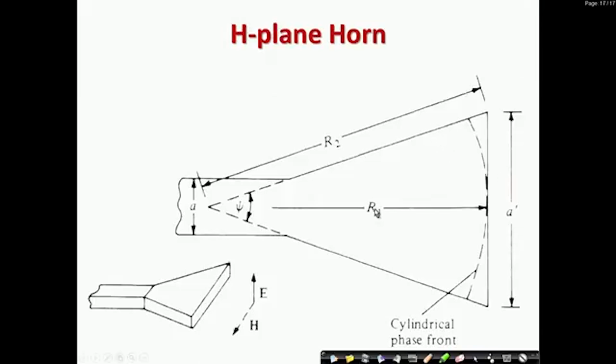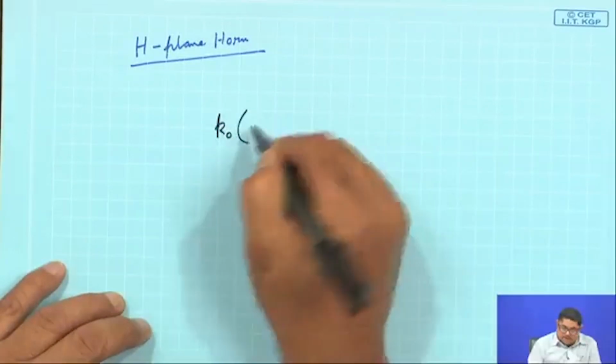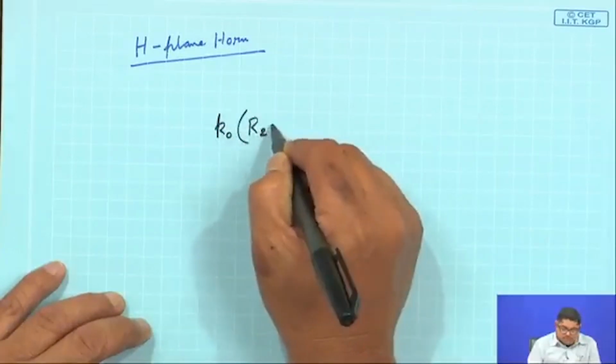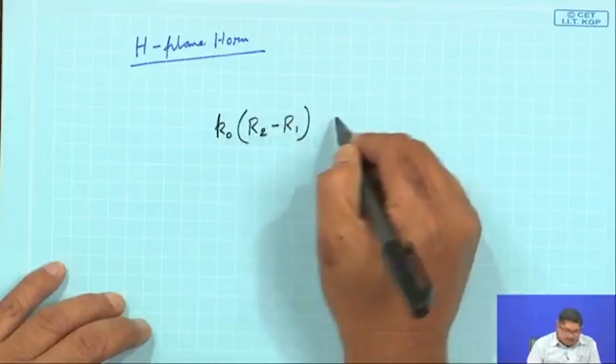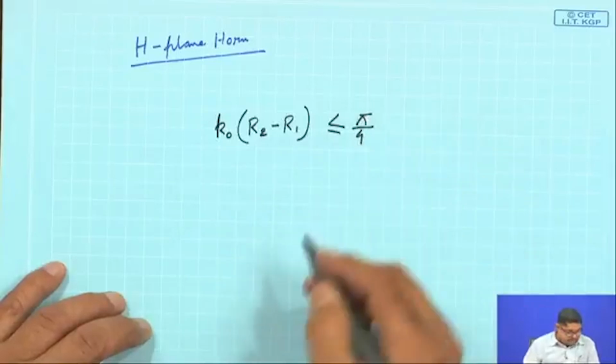Looking into this figure, we can easily calculate what the phase error is and the condition that the phase error should be less than pi by 4. So, we can write that the phase error will be k naught (R2 minus R1), which should be less than or equal to pi by 4.